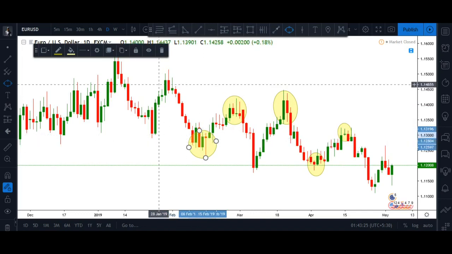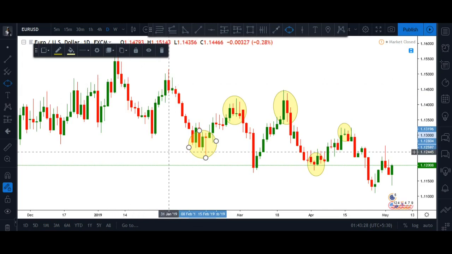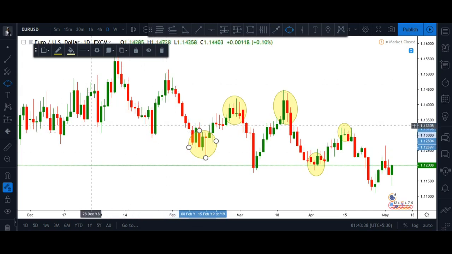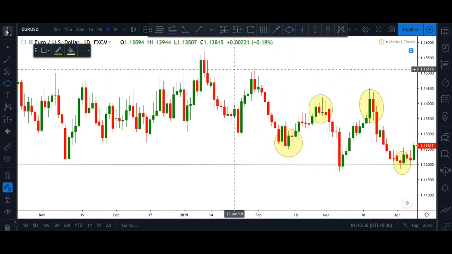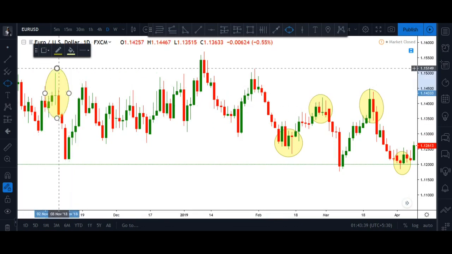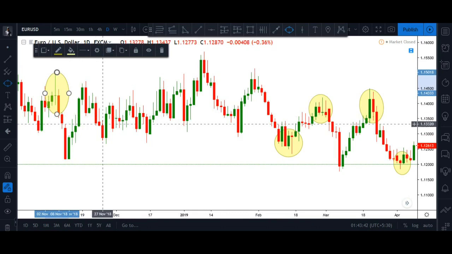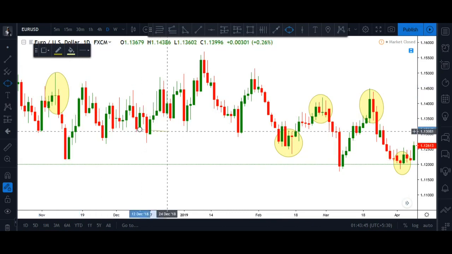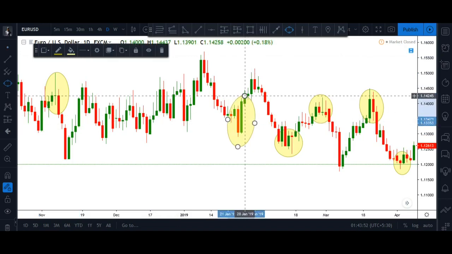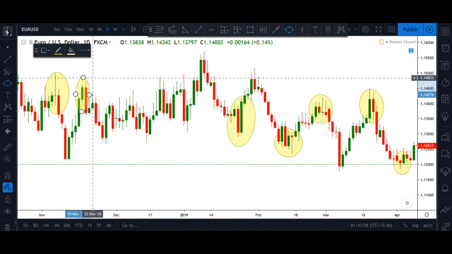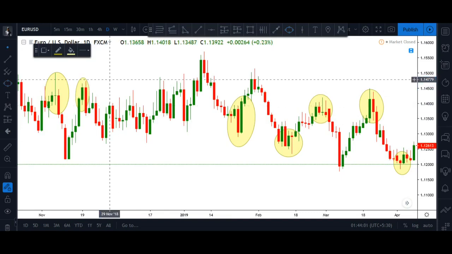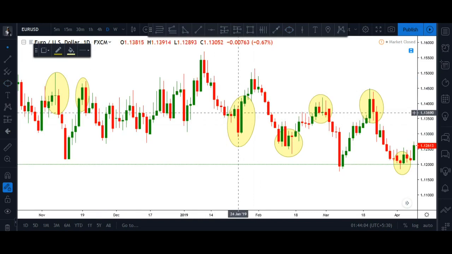And here, yes, it's a gravestone doji, and you can see a bullish engulfing pattern, and a bearish engulfing pattern.